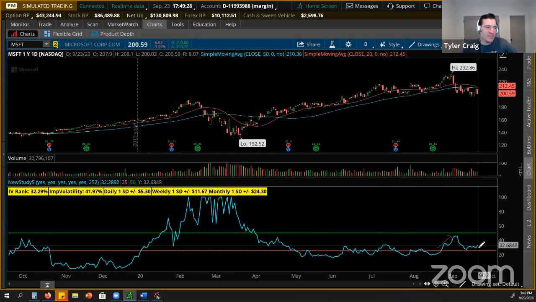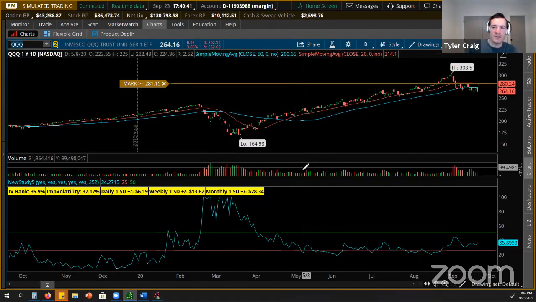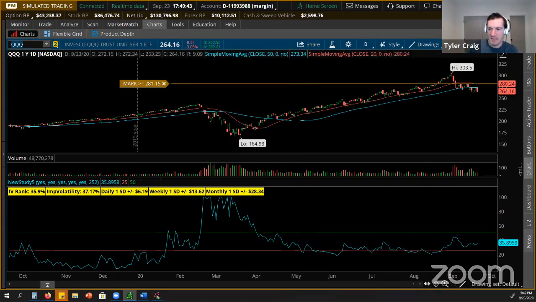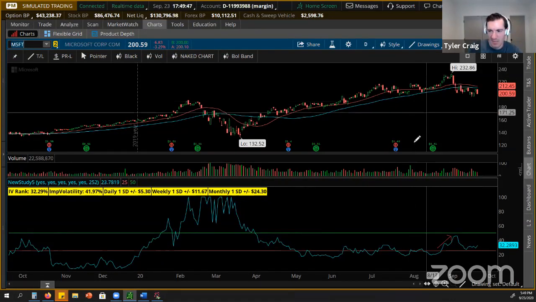This phase, there's not as much urgency, it seems, in people running out and buying puts. I'm using Microsoft as my proxy for the NASDAQ. That's unfortunate because if there was a little more fear baked in, you'd get paid more selling puts on these guys.